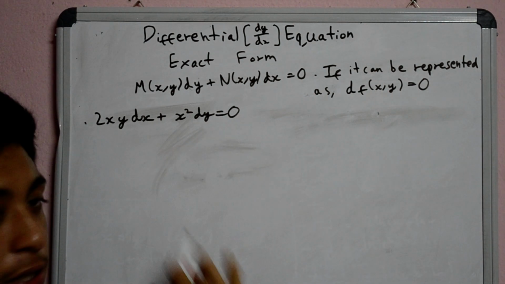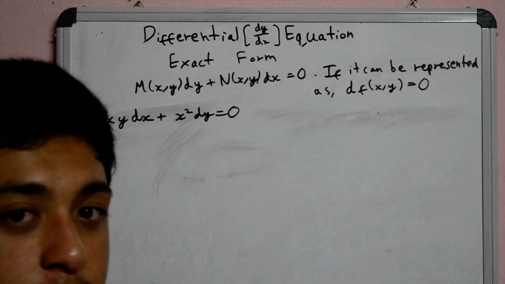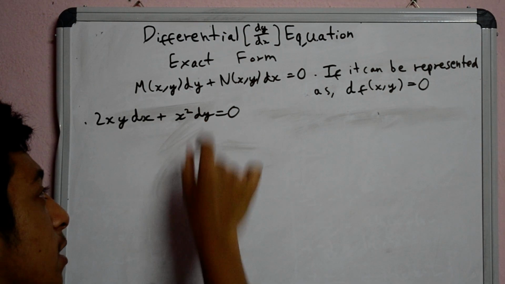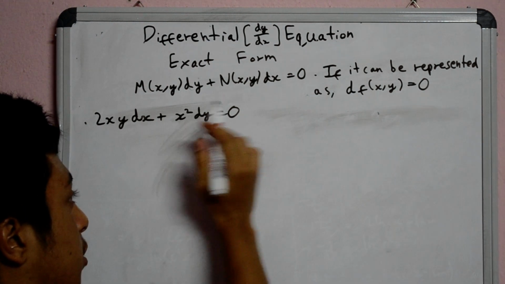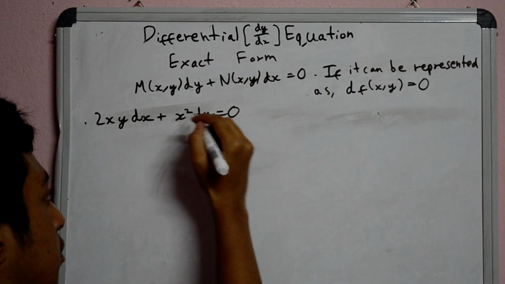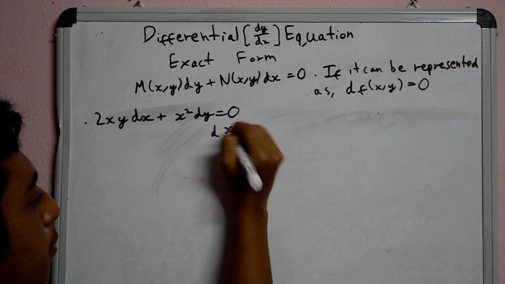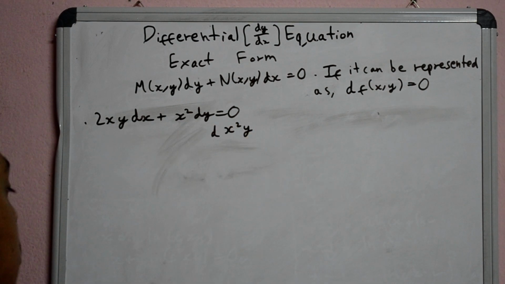So here one pattern you can consider is if you have a function of x with dy, then you should always consider the derivative of that function times y. So here you should take the derivative of x squared y.